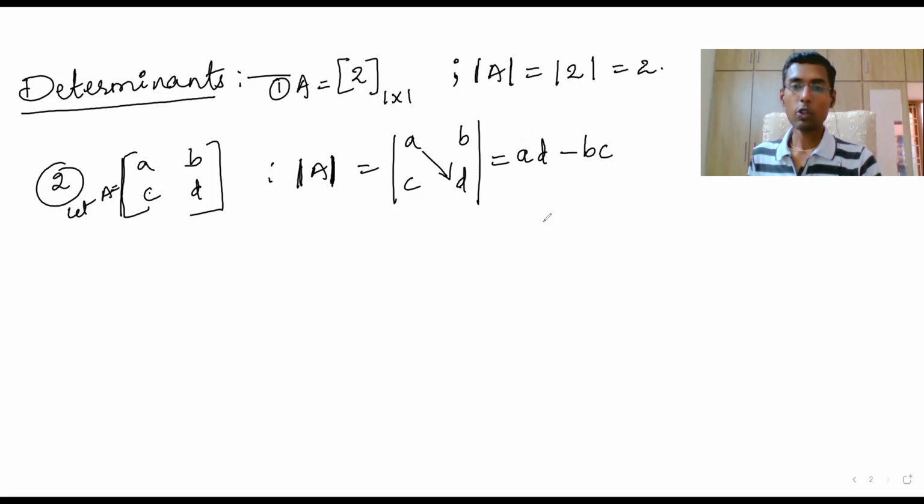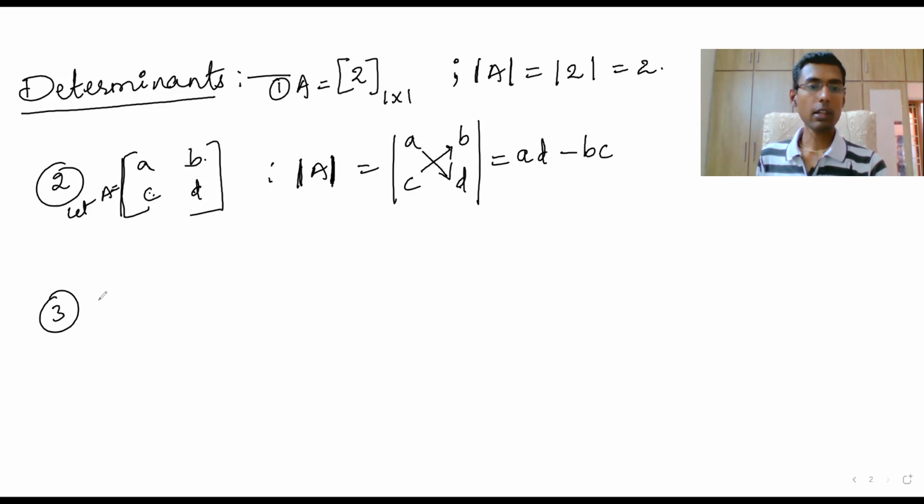First you learn it this way. Later we can discuss in detail, but you learn this. Now this is simple: A into D minus BC.